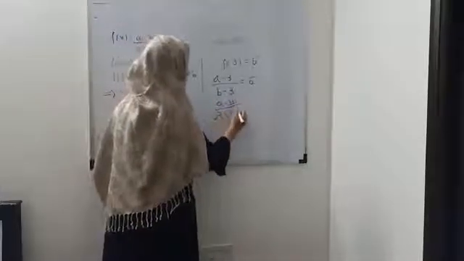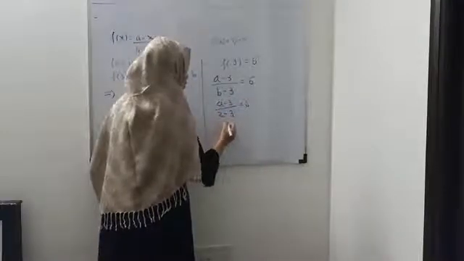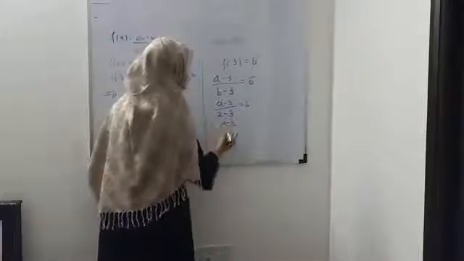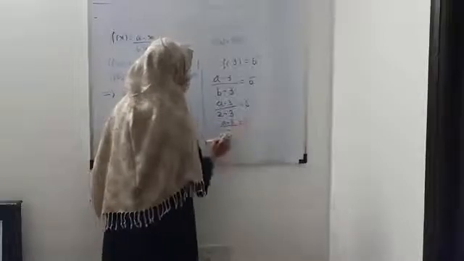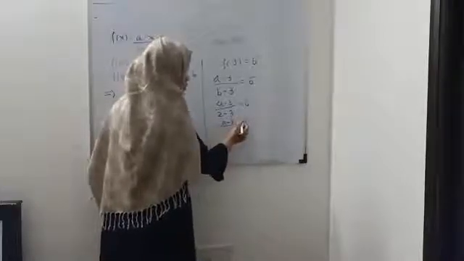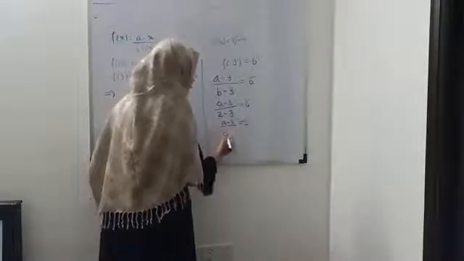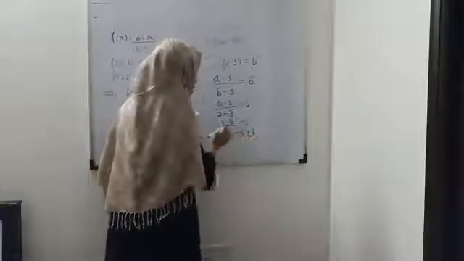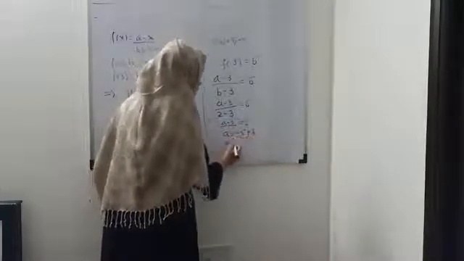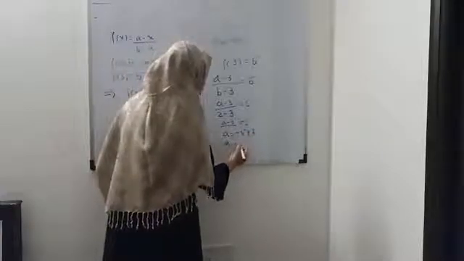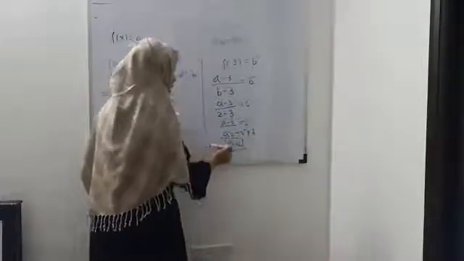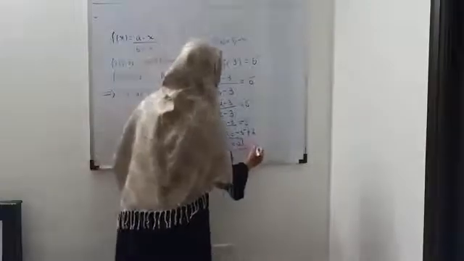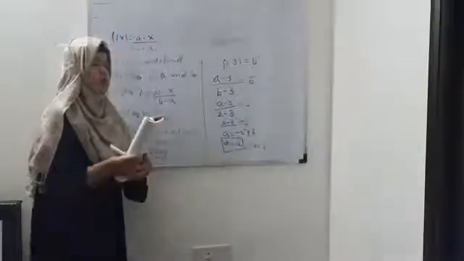So a minus 3 upon 2 minus 3, which is minus 1, is equal to 5. Shift minus 1 there, so it will be minus 5, right? So a is equal to minus 5, plus, from here to there it will become plus, 3. So a is minus 5 plus 3, which is minus 2. So the value of a is minus 2 and the value of b is equal to 2.